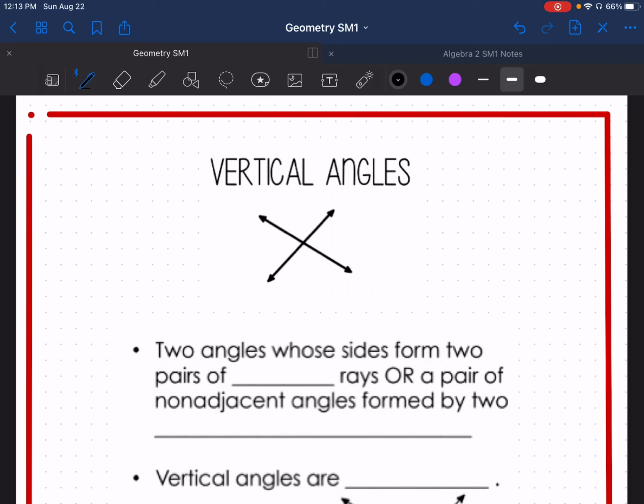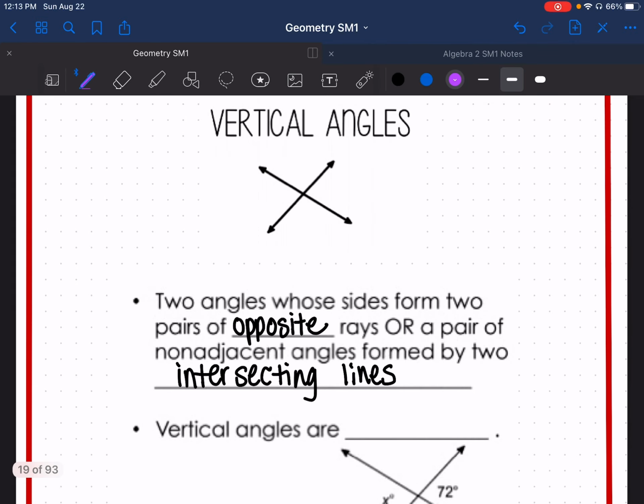All right, 2 angles whose sides form pairs of opposite rays, or a pair of non-adjacent angles formed by 2 intersecting lines, which is what we see up above.